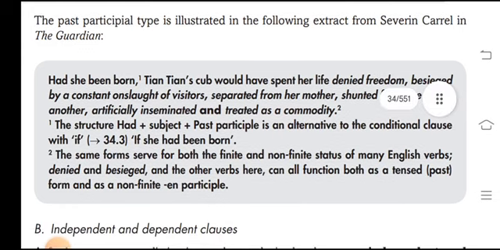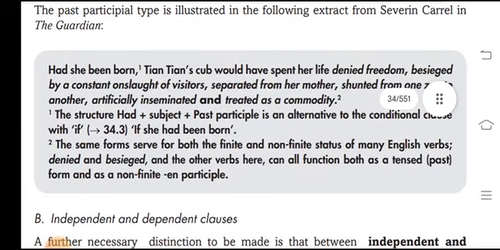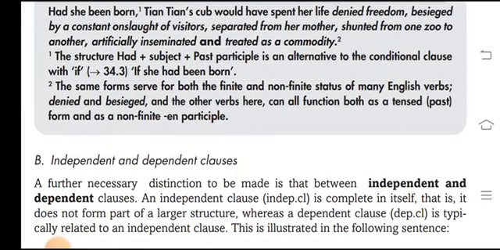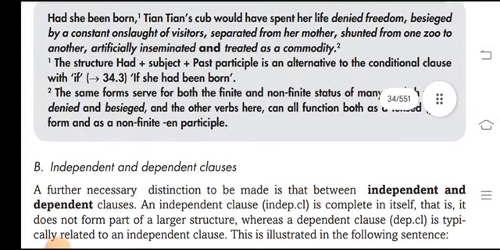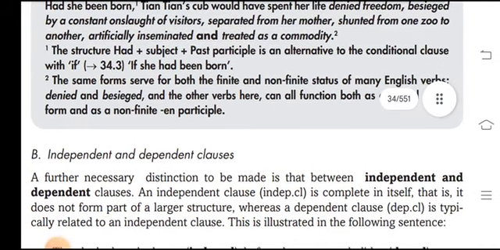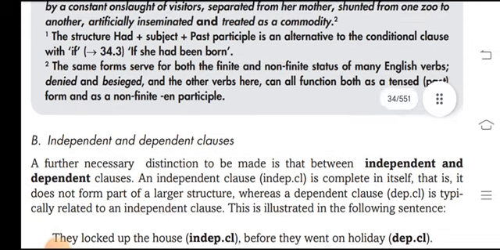The past participle type is illustrated in the following extract from Severin's Carol in The Guardian. Has she been born, Tian the cow would have spent her life denied the freedoms, besides why other content, once loved by the visitors, separated from her mother, shunted from one Jew to another, artificially inseminated and treated as other community.